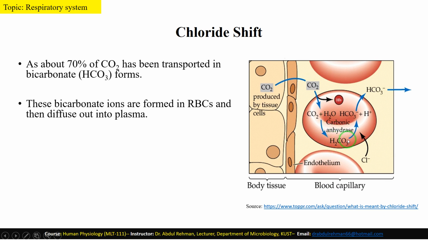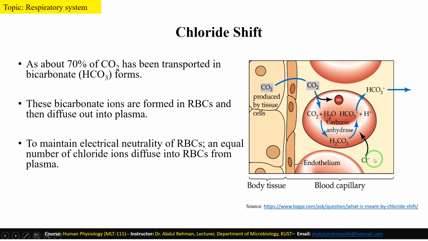This intermediate product is then converted into bicarbonate ion, and these bicarbonate ions are then released into the plasma. So from their diffusion, a change in electric neutrality takes place within RBCs. To maintain normal electric neutrality and function of the RBCs, an equal amount of chloride diffuses from plasma into the RBCs. This is called the chloride shift.